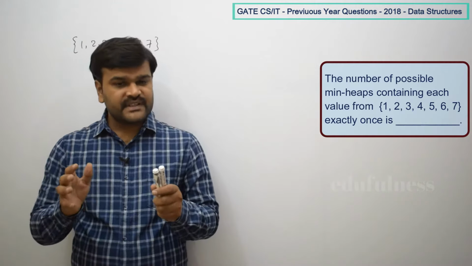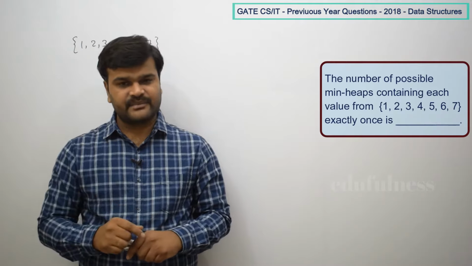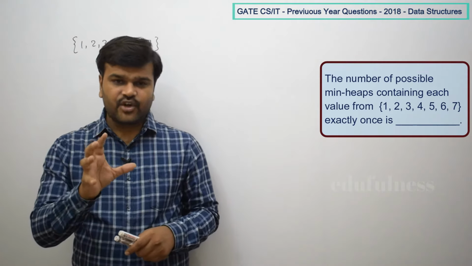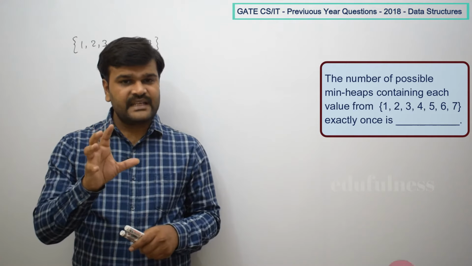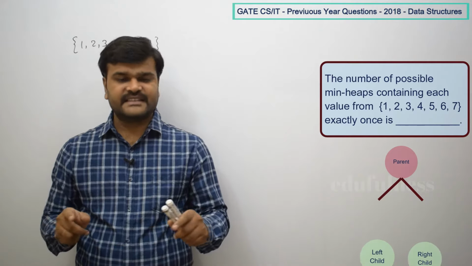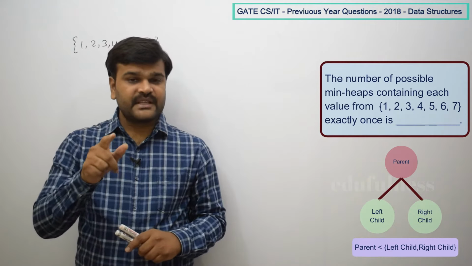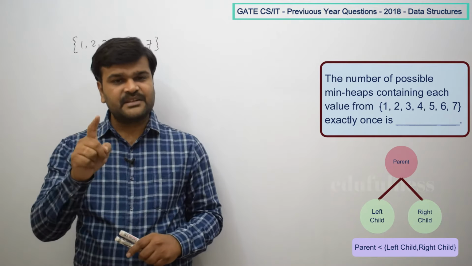First of all, what is a min heap? If you take any node or vertex in the tree, that vertex value must be less than both its left and right children. That is applicable for every vertex in the tree. Then such a tree becomes a min heap.